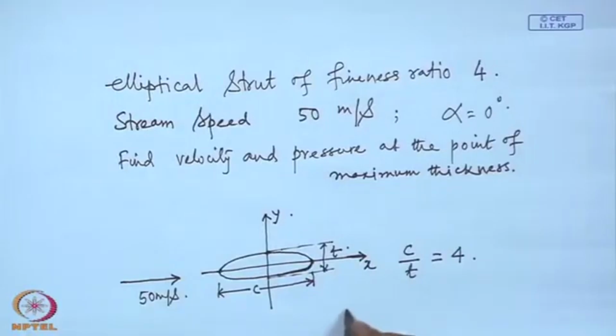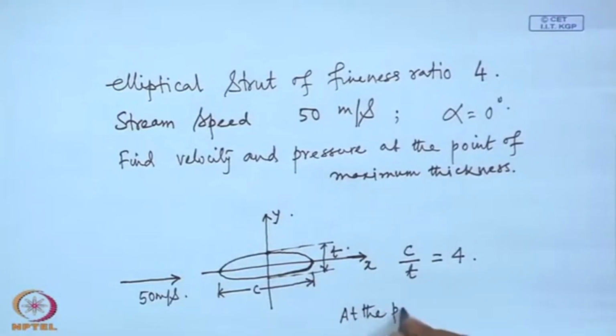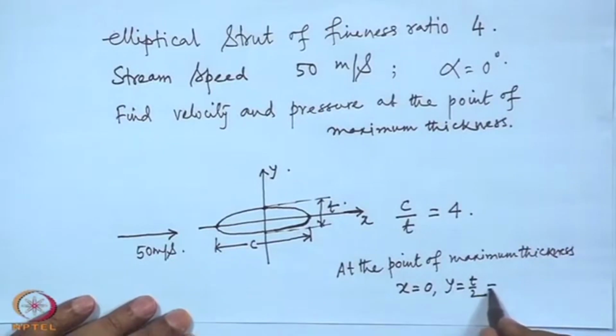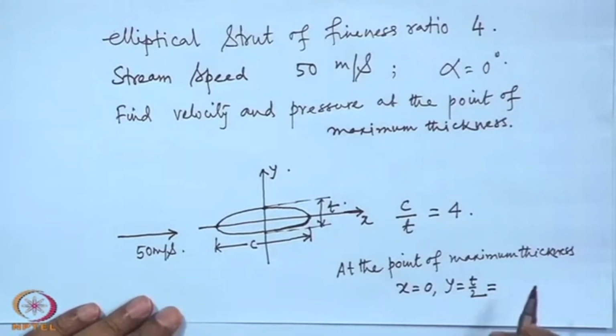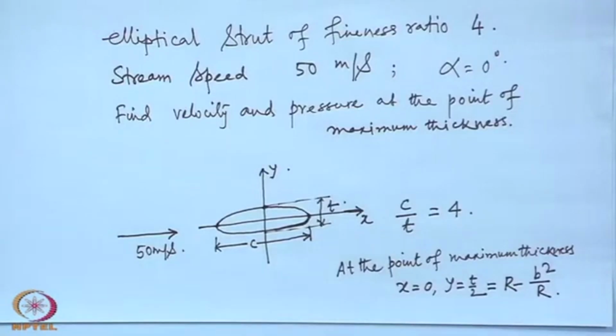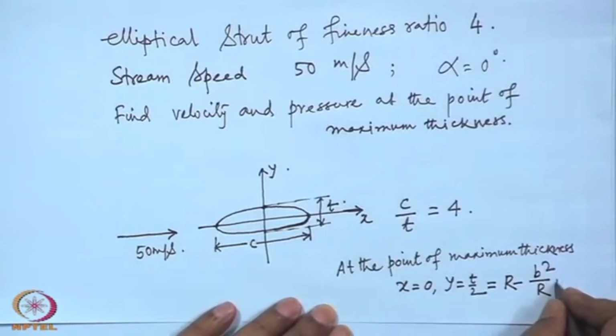Now, at the point of maximum thickness, what do we have? This is related to, if you look at the transformed circle, if you remember that this was the semi minor axis, and we will be interested in terms of theta, which is pi by 2.